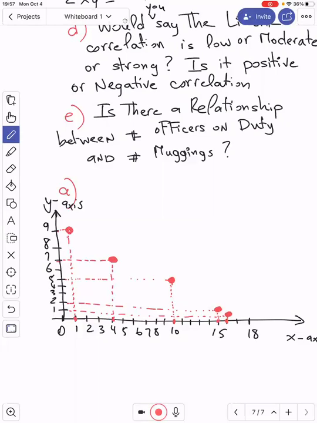Next point, 6, 8. My x is 6. I'm gonna go up to 8. So that'll be this point right here. Next, it's 18, 1. So here's 18, and we're gonna go up to level 1. So right here. Next, we have 12, 5. So if my x is 12, so here's 12. I'm gonna go up to 5.